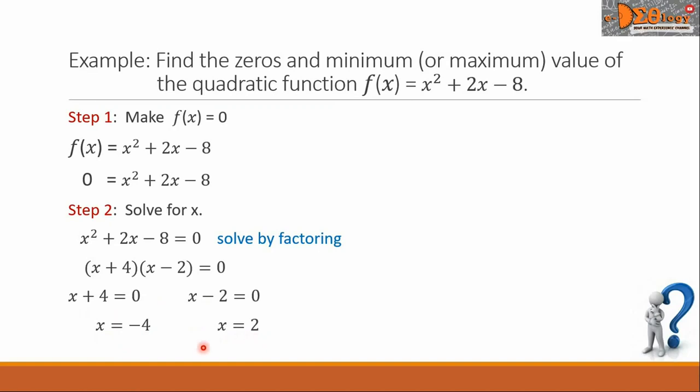So we have the two values of x, and these are what we call the zeros of the polynomial. So we say that the zeros of the function are negative 4 and positive 2.